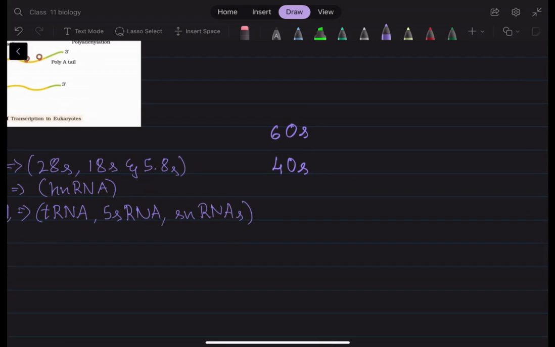The 60S subunit contains 28S rRNA and 5.8S, whereas our 40S subunit contains 18S rRNA.